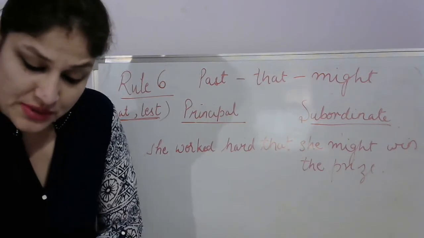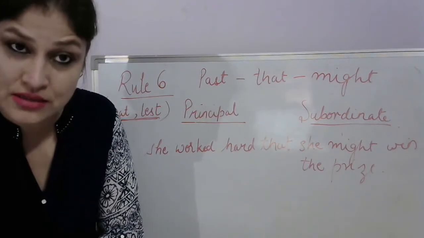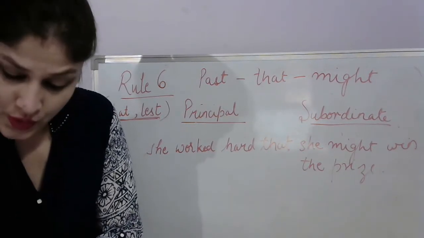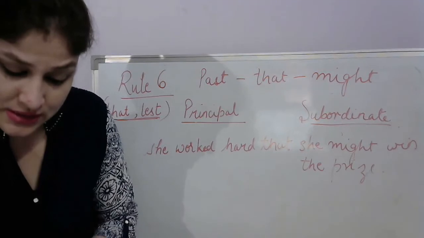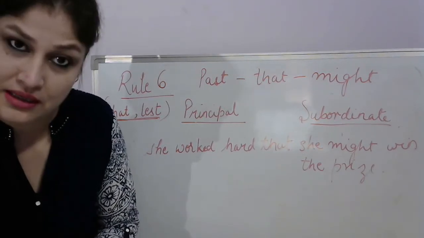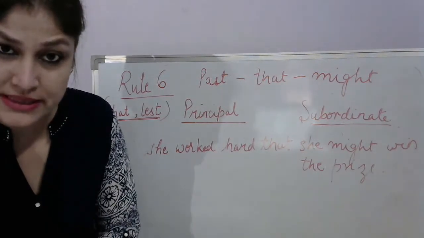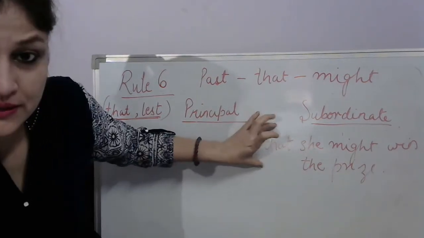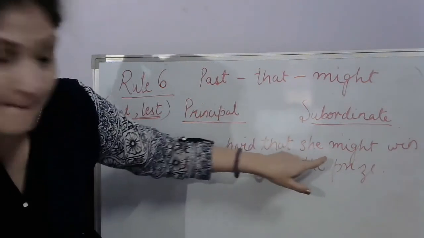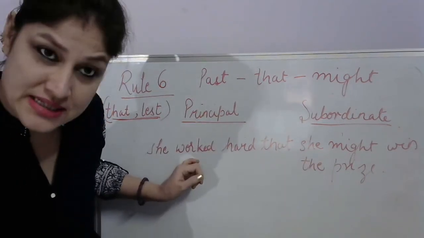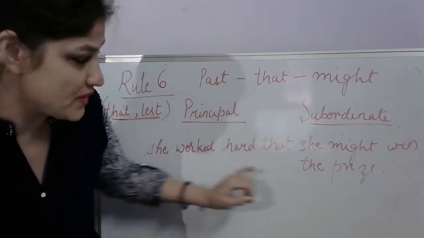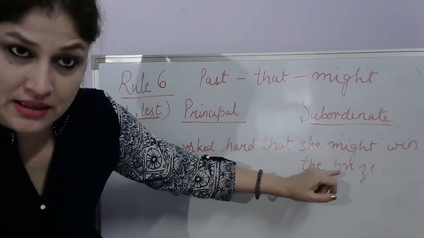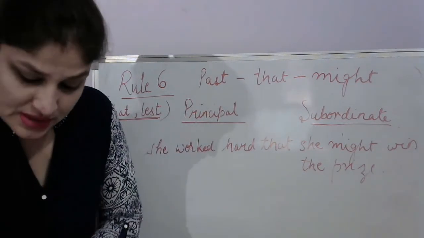If the verb in the principal clause is in the present or future tense, the verb in the subordinate clause is expressed by may. If you see this is the past tense, and you see that word here, the answer will be might. But if you see it's a present tense or the future tense, and there's this word that, then the answer will be may. Clear?